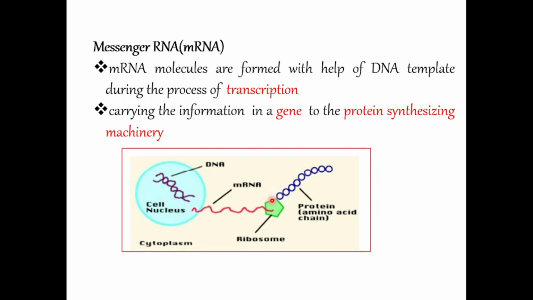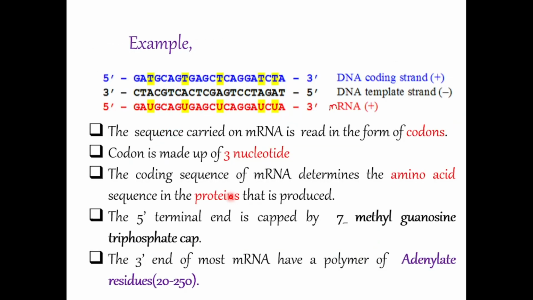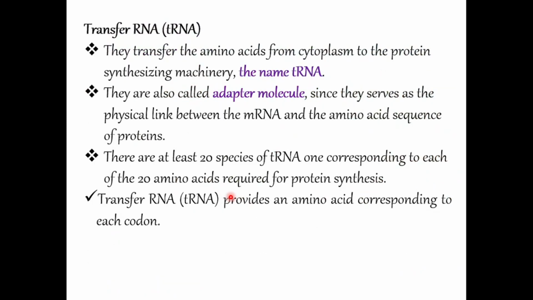Anticodons found on transfer RNA easily recognize codons on messenger RNA. That may be due to that cap. So that is the importance of the cap, which is found at both ends.